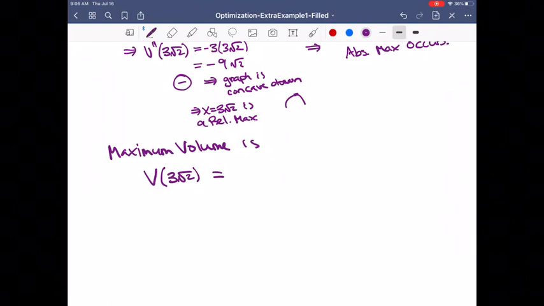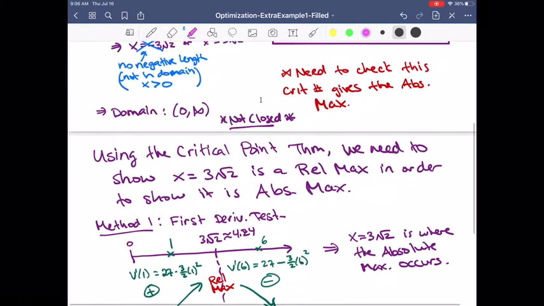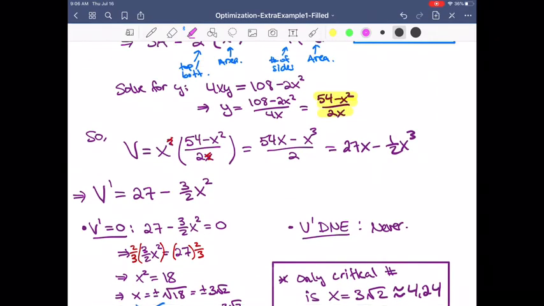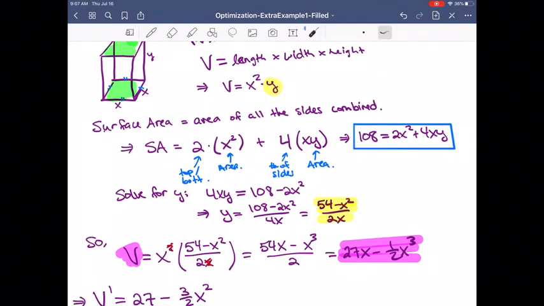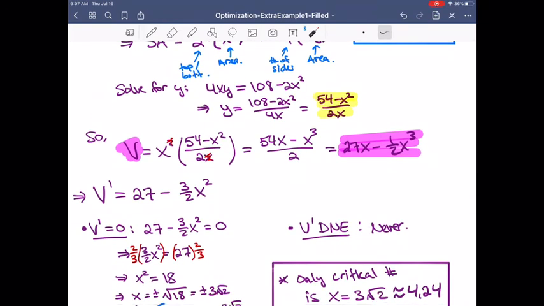Maybe I'll use pink here. Because I'm plugging in only an x value, I'm going to use this version of my formula for V. If you wanted to use the original, that's fine, you'd just have to find y first. Because I don't really need y, I'm going straight to this one.